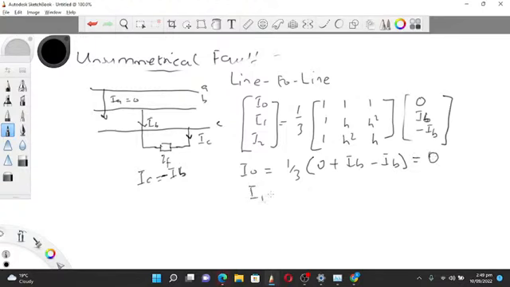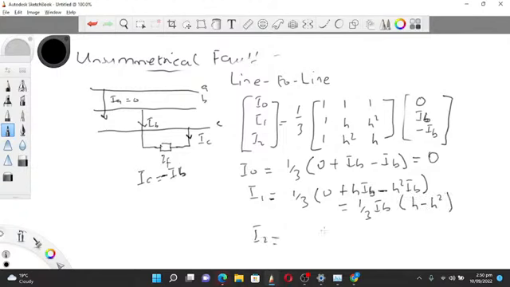If I write the expression for I1, I have 1/3 of 0 plus h IB minus h squared IB, which is equal to 1/3 IB into h minus h squared. This is my expression for I1.